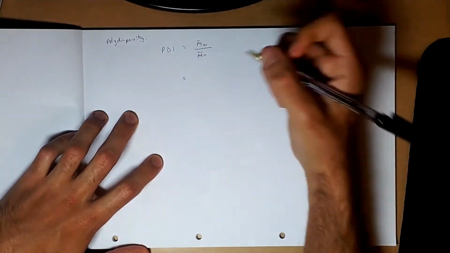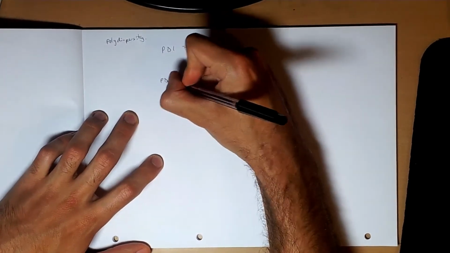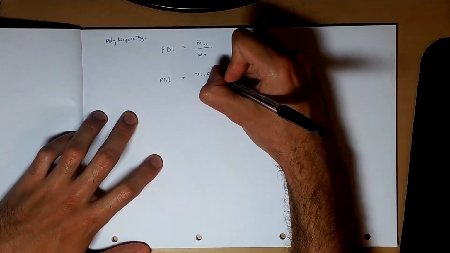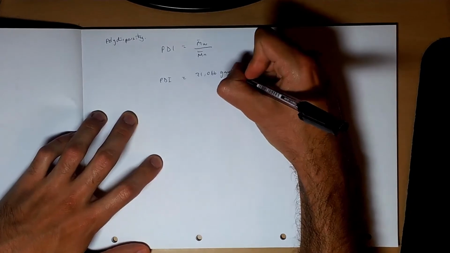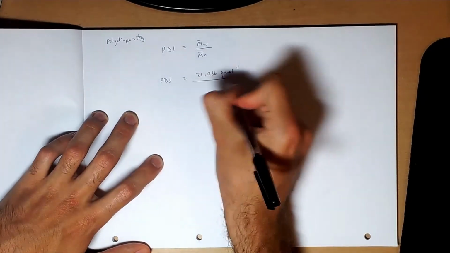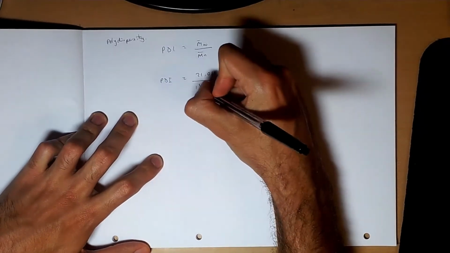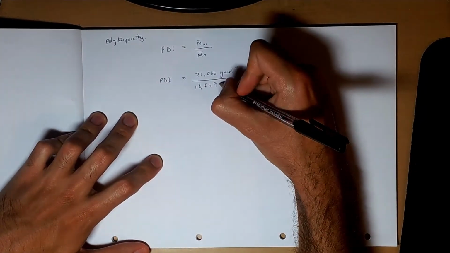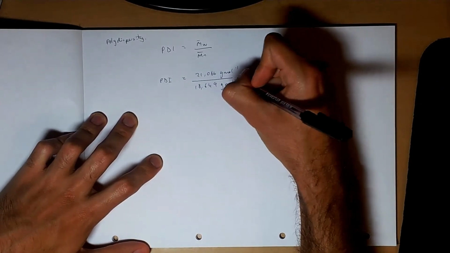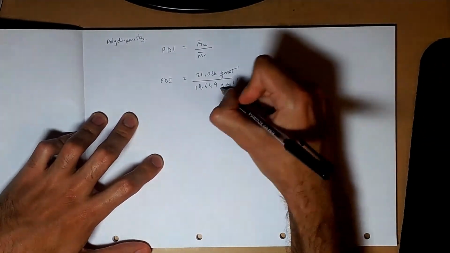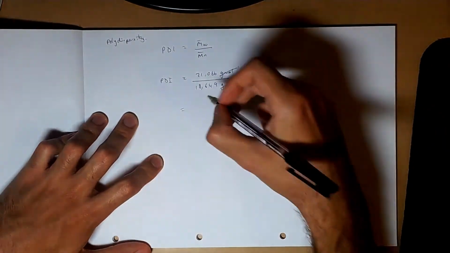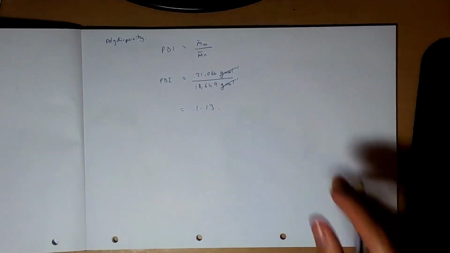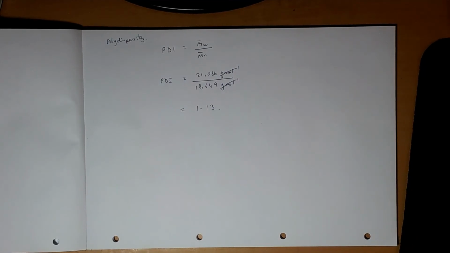So for ours, we get the PDI to equal 21,086 grams per mole over 18,649 grams per mole. We know that the units will cancel out, so this value has no units, and it is equal to 1.13. So if you feel comfortable with that question now, please move on to the next.